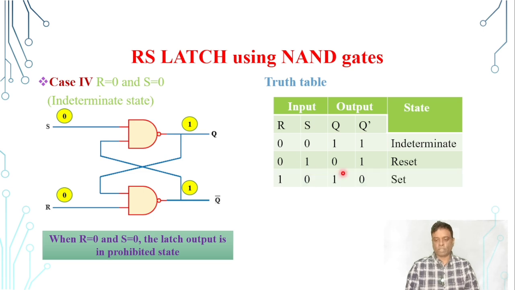In order to set the latch, we have to apply R equal to 1 and S equal to 0. And if R and S are both 1, 1, this is our no change state. So we have discussed the RS latch, how it can be constructed using NAND gates, and then for different combinations of R and S, what our states will be.